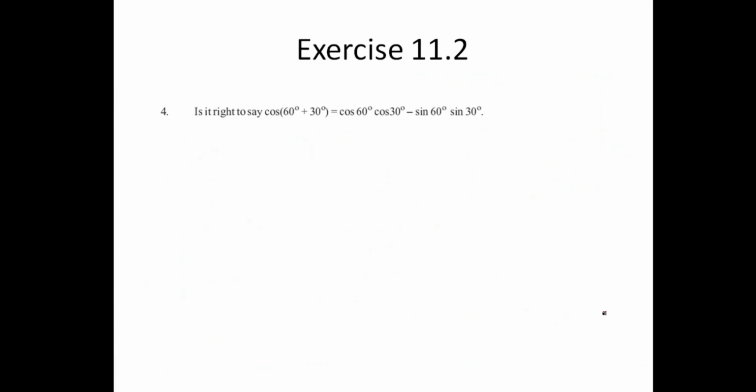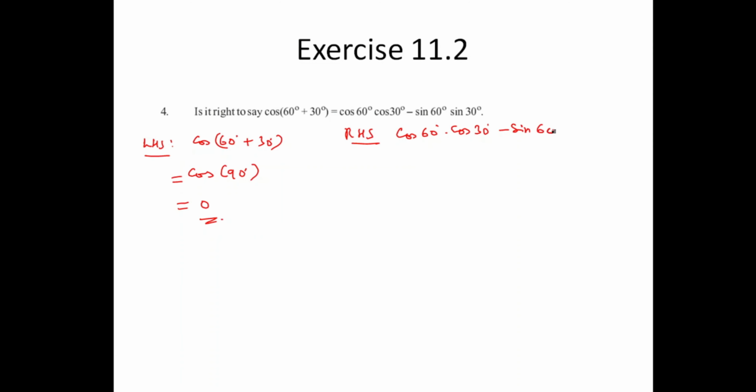Okay, so let's look at the next sum. Is it right to say that the LHS is equivalent to your RHS? Let's just see whether it is right or wrong. So let me look at the LHS value here: cos 60 plus cos 30. So when I am adding the bracket values, we are having cos 90. So this is also equal to 0. Now let us look at the RHS. RHS is given as cos 60 cos 30 minus sin 60 into sin 30.